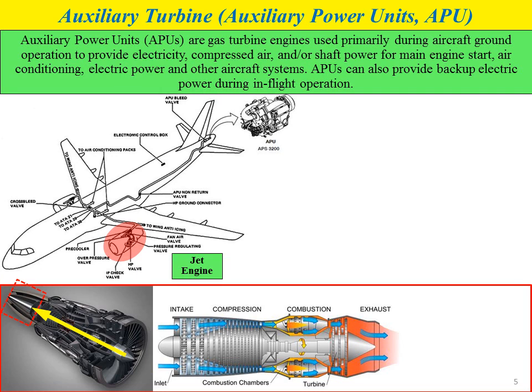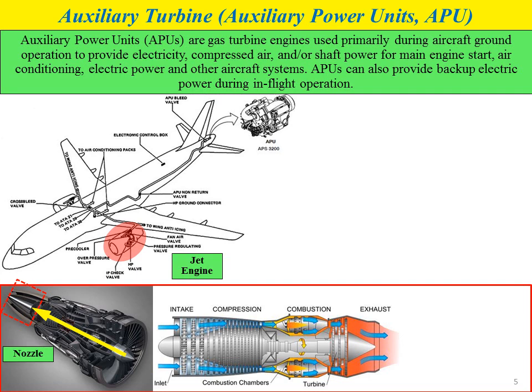At the back of the engine, there is a device that we call a nozzle. The function of the nozzle is to produce thrust force to make the aeroplane move forward and fly into the air.